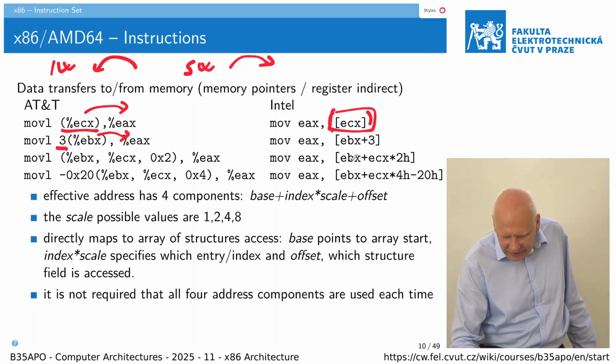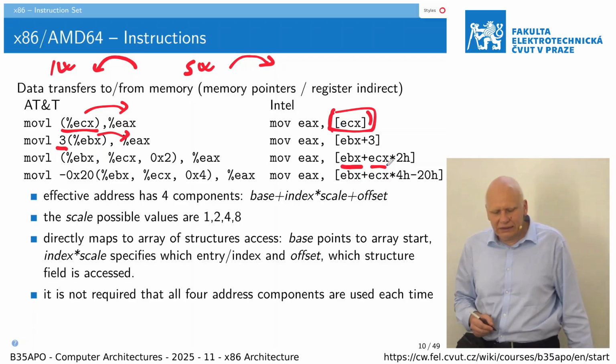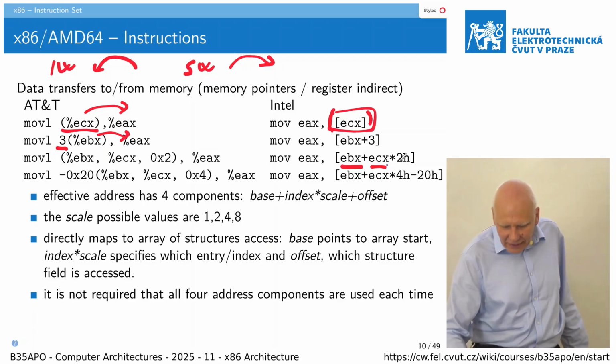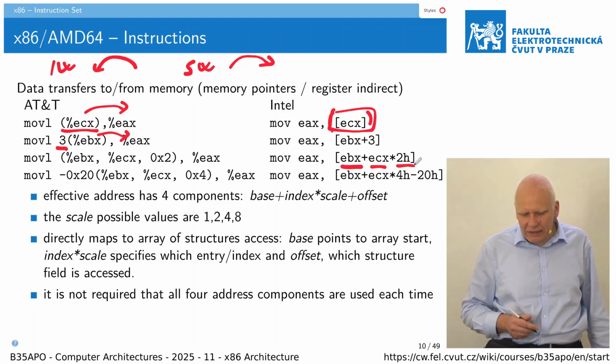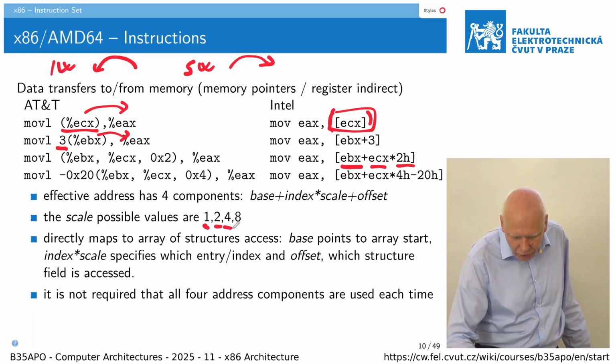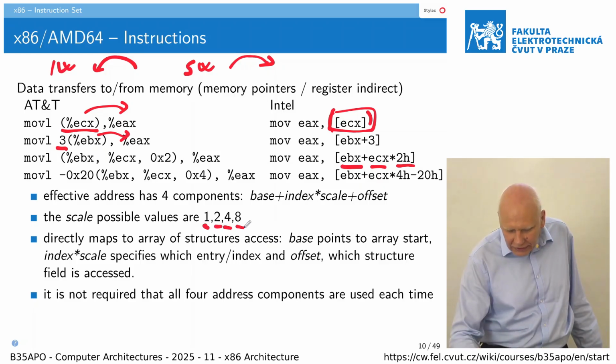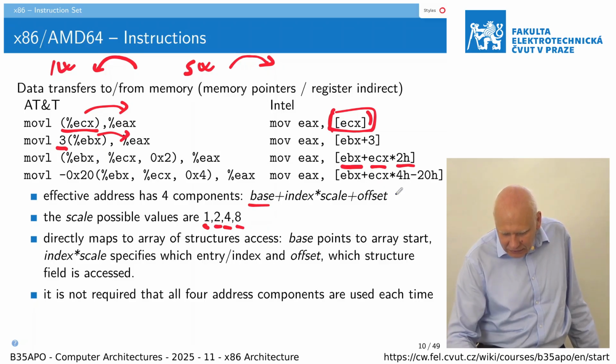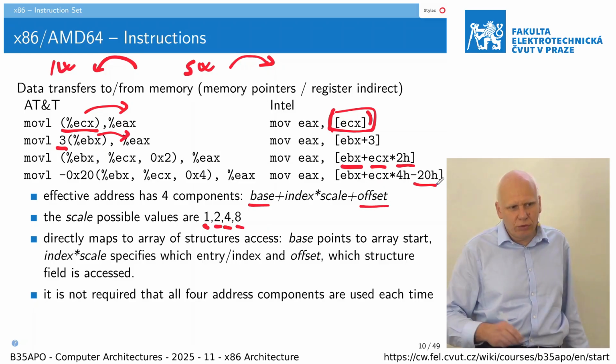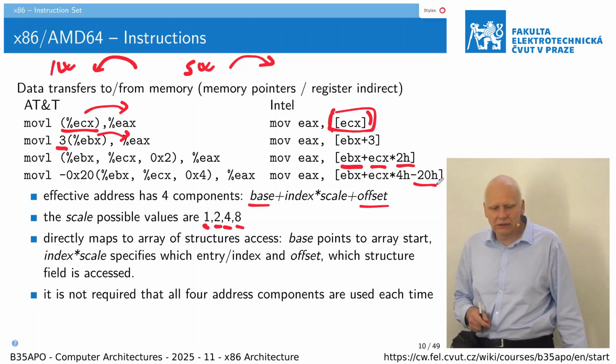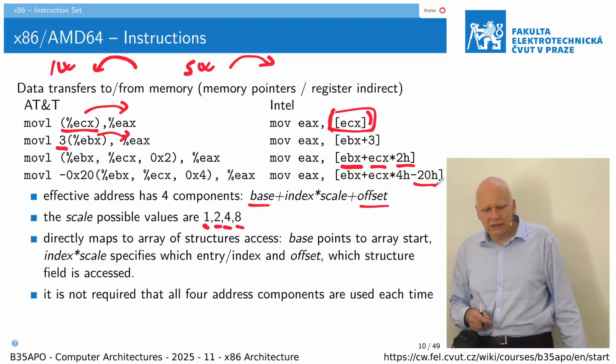And in this case, you can specify that you want to use one register as a base, another register as an index, and it can be multiplied by a value 1, 2, 4, or 8. Or you can even add the base offset. So even a 32-bit offset is possible to combine with this complex addressing. So addressing on the Intel is very, very complicated.